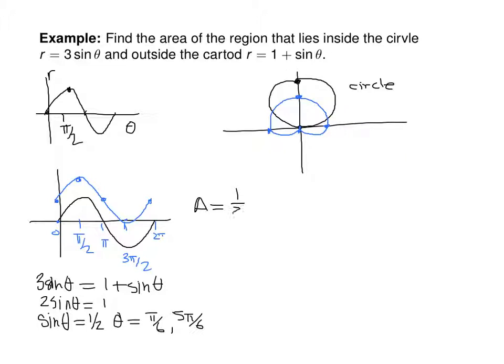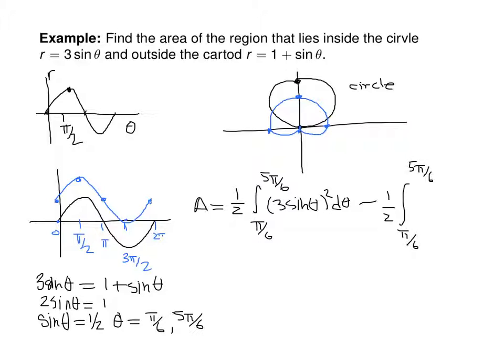So 1/2 integral from pi/6 to 5pi/6 of (3 sine of theta) squared d theta, minus 1/2 times the integral from pi/6 to 5pi/6 of (1 plus sine of theta) squared d theta.